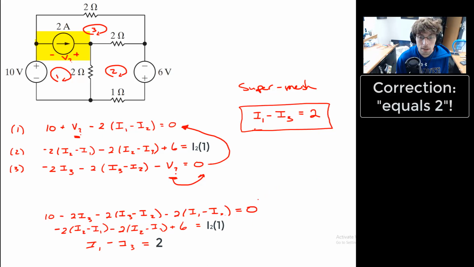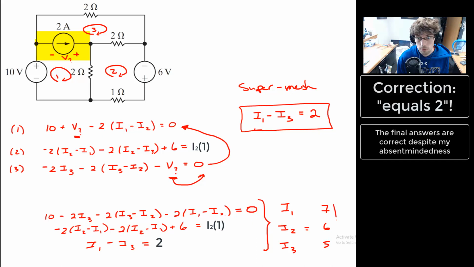So if we set up our linear algebra again, we should get something like I1, I2, I3 is equal to, I have 7, 6, and 5 amps respectively. Right?